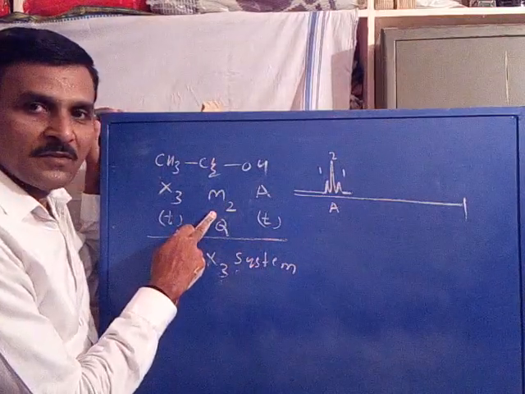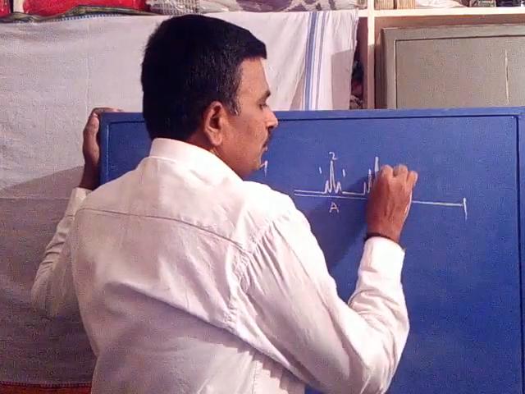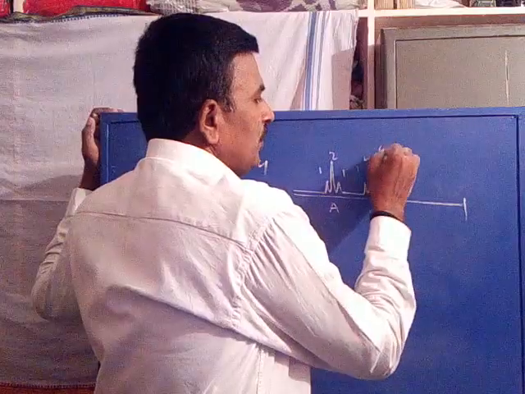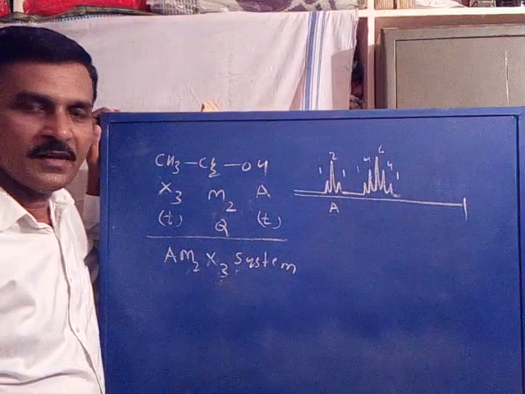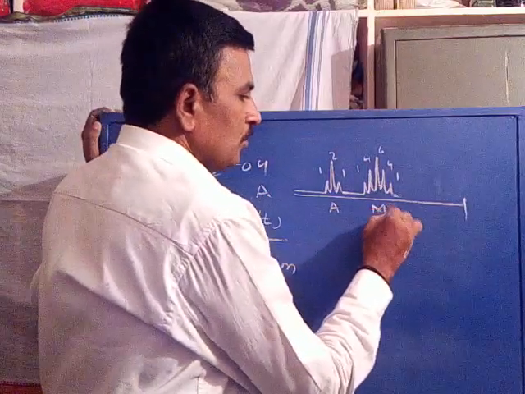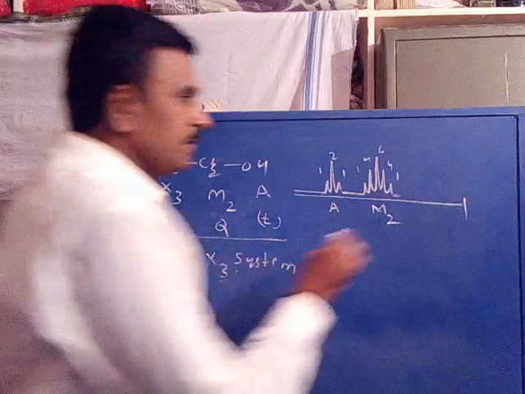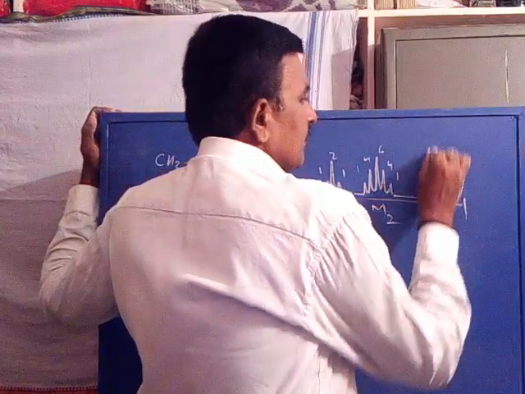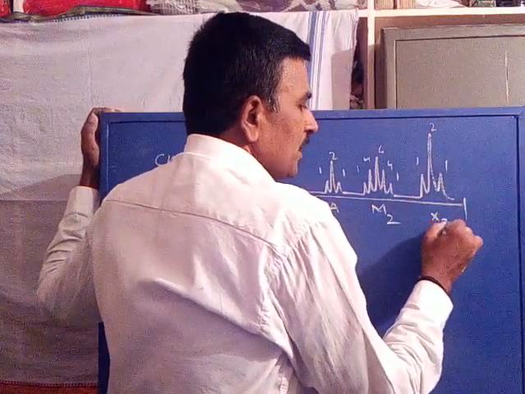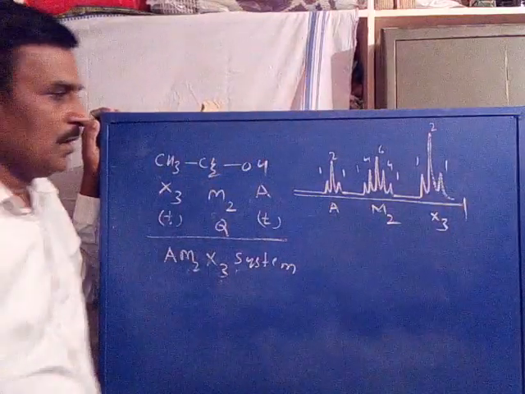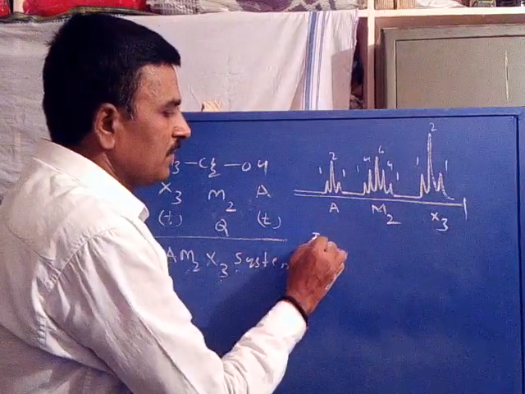M appears as a quintet, 1:4:6:4:1 intensity, this is for the M2 protons. X appears as a triplet with 1:2:1, this is the X proton with 3 hydrogens. So this is an AM2X3 system of first order.